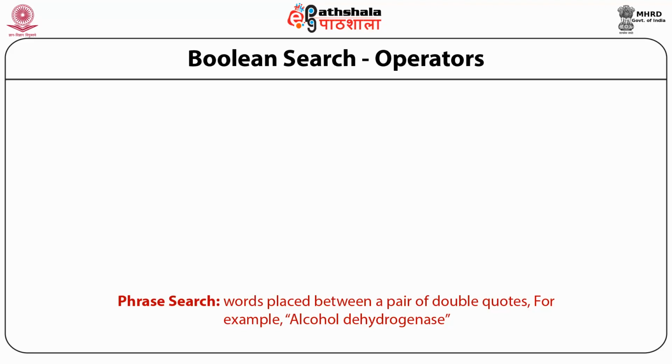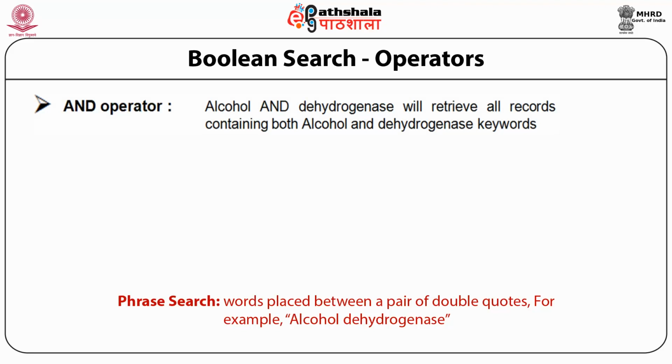The first operator, the AND operator, directs the database to find all those records which contain all search terms combined using the AND operator. This is equivalent to the intersection in a Venn diagram. In some search systems, AND is the default operator and therefore when many search terms are entered in the search text box, all search terms are combined automatically using the AND operator.